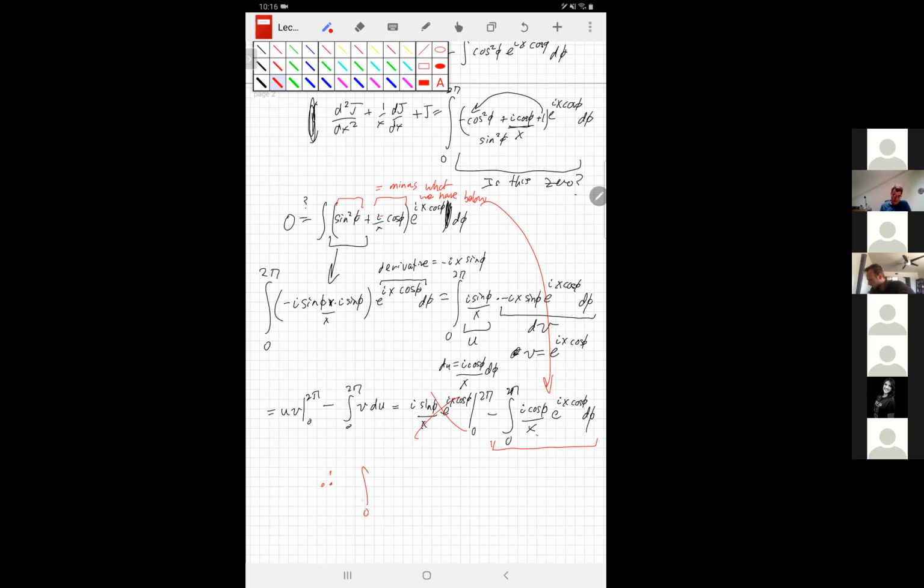Therefore, the integral from 0 to 2 pi of e to the i x cosine phi d phi, one, satisfies the Bessel equation with m equals 0, and two, doesn't blow up.